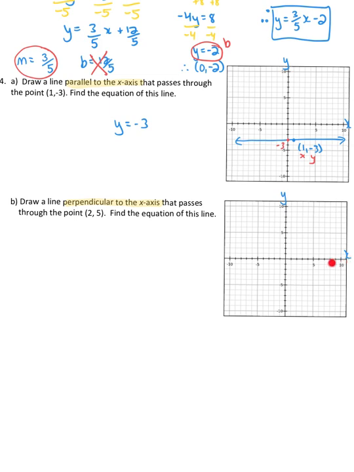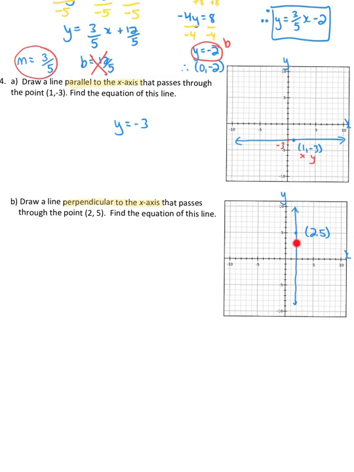We want to draw a line that's perpendicular. So it's going to come up and down. It's going to be a vertical line to be perpendicular to the horizontal line. And it passes through the point (2, 5). So I'm going to plot that point. And then I'm going to draw the vertical line that passes through that point.